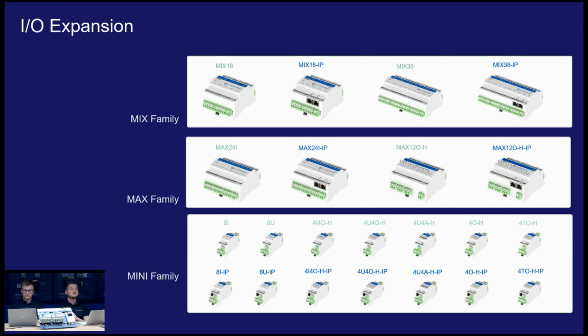The same goes for the Max family, with specific types of input or output, like the Max 24i with 24 digital inputs. And the Mix family, which can greatly expand the capabilities of the RAC18 with up to 38 inputs and outputs. Altogether, it makes 22 different types of IP and RS485 I/O modules that can expand the capabilities of the RAC18 controller and not only.